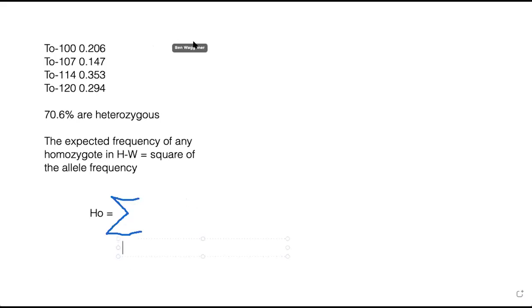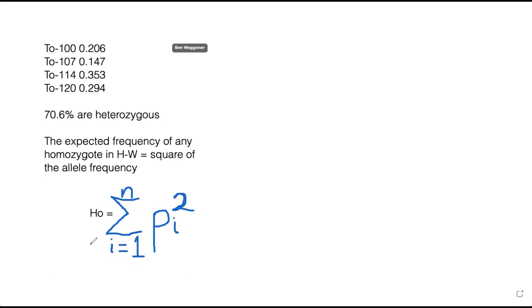Okay, so we have a sum for however many alleles. There we go, that worked better than trying to type all of that.